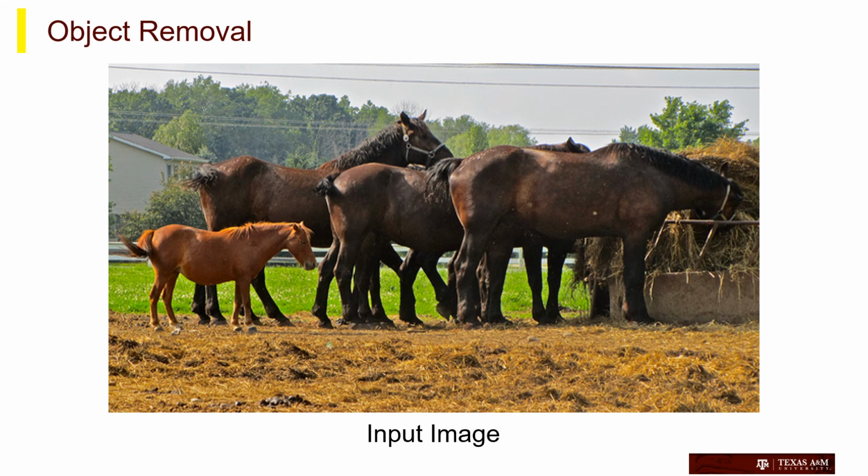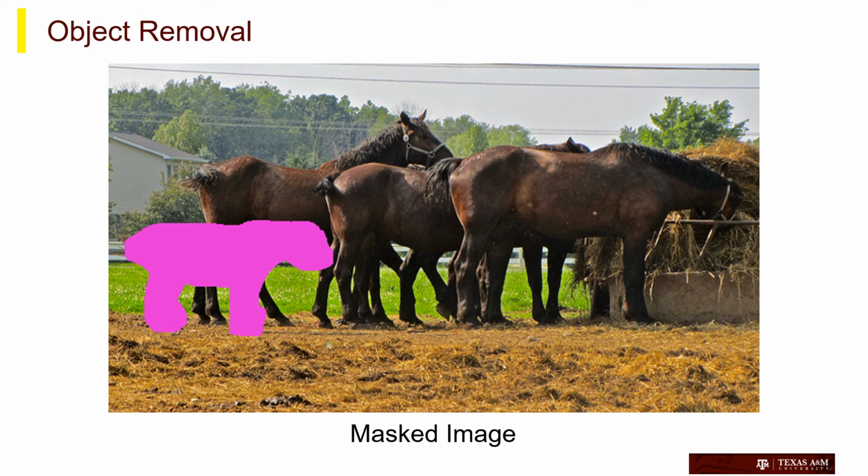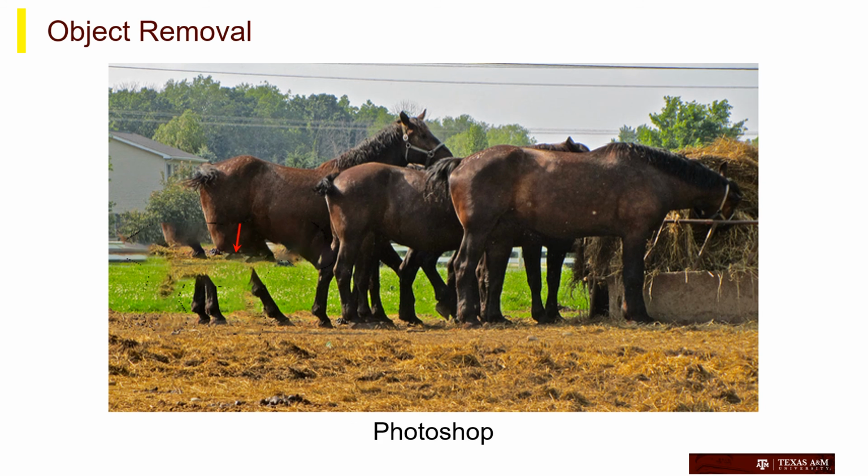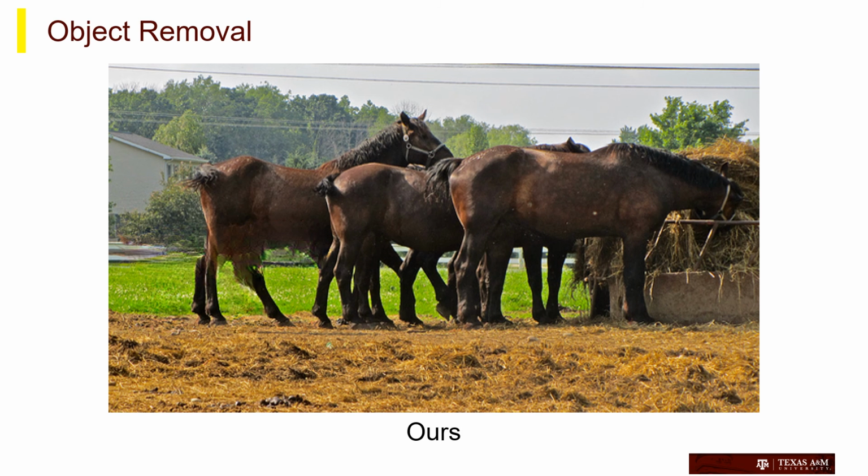Now, we show an example of object removal. We remove the fold. Like before, Photoshop cannot understand scene context and hence produces inconsistent results. Here is our approach. In contrast, it's able to fuse the legs of the horse with the torso.